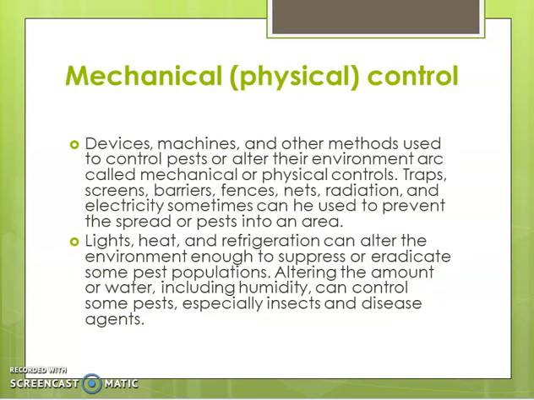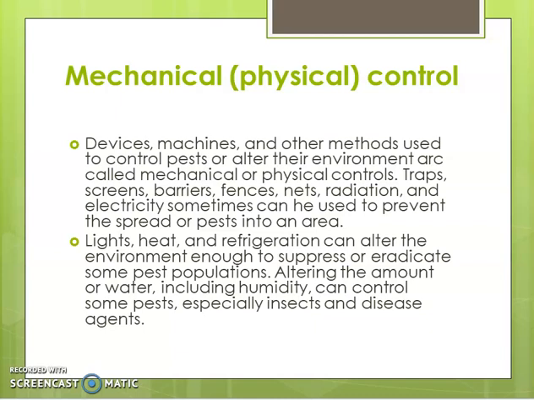Right? Mechanical control, or mechanical physical control: devices and machines and other methods are used to control pests or to alter the environment. So traps and screens and barriers and fences and nets, and more technical now, radiation and electricity sometimes can be used to prevent the spread of pests in an area.